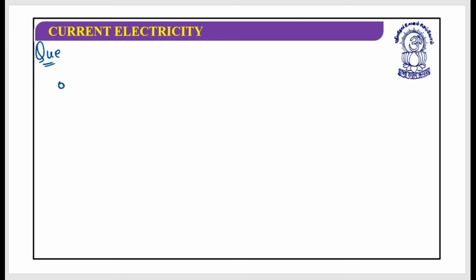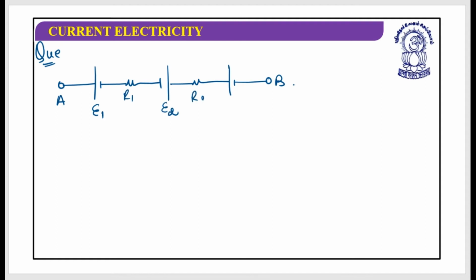So let's suppose this is A, this is B, and this is E1, this is R1, this is E2, this is R2, this is E3. Now let's suppose current is flowing in this direction, the value of current is given as I, and you are required to find VAB.